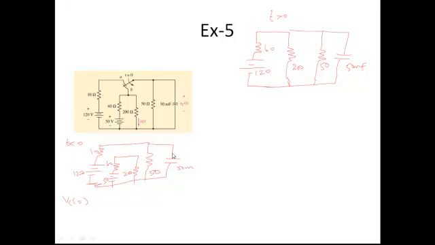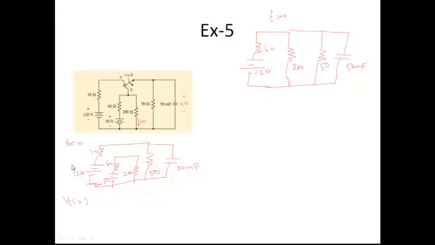Then the voltage across the capacitance is nothing but the voltage across the 50 ohm resistance. You can also see this 50 volts is not having any impact on the capacitor voltage because it is isolated. Only this 120 volts is connected to this 50 millifarad capacitance. So we need not worry about this particular part.